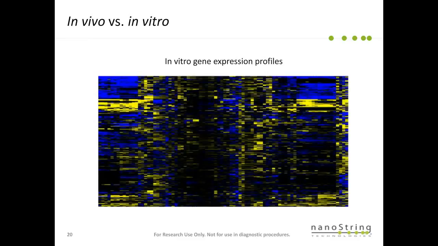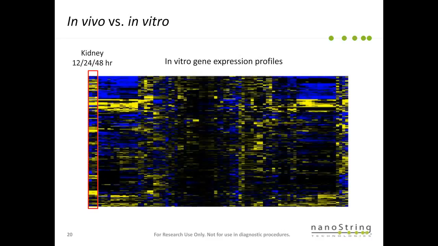So now we have a very nice data set for the in vivo infection, and how does that compare to previous data sets from numerous other labs where they performed a nice experiment in vitro?